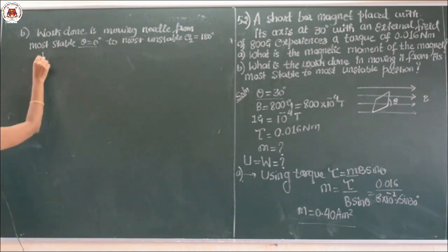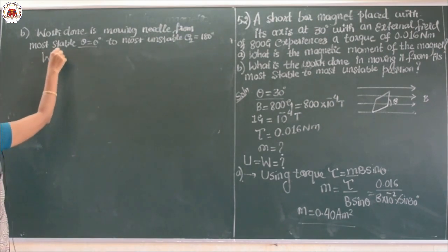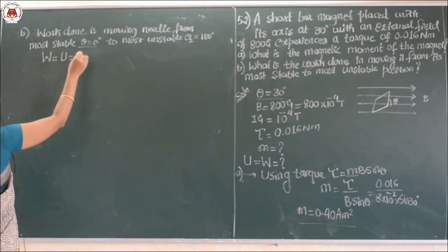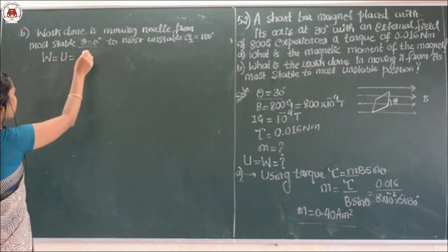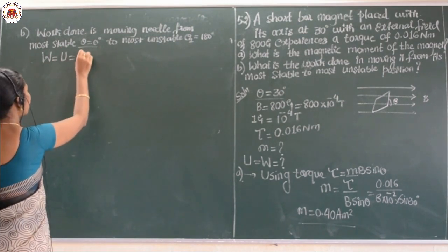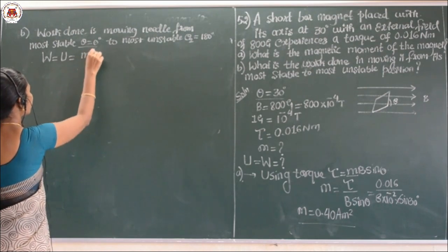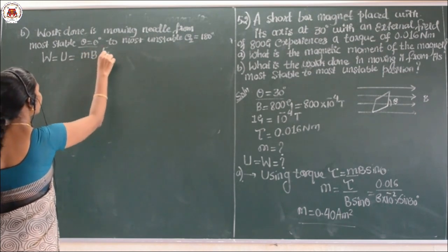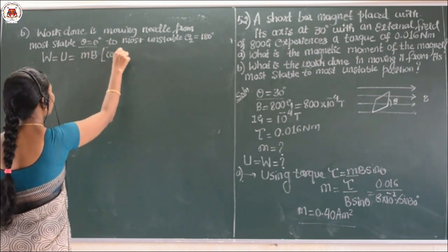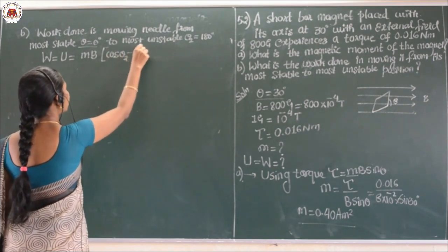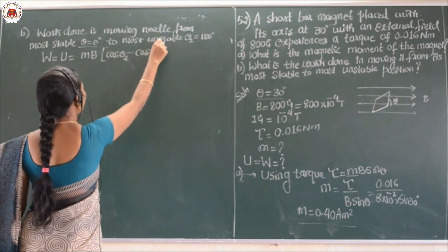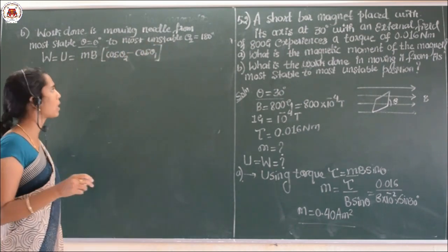Remember students, the work done is nothing but potential energy, that is given yesterday itself. I told you the formula, that is mB, here it comes cos of theta 2 minus cos of theta 1 when two angles will come.